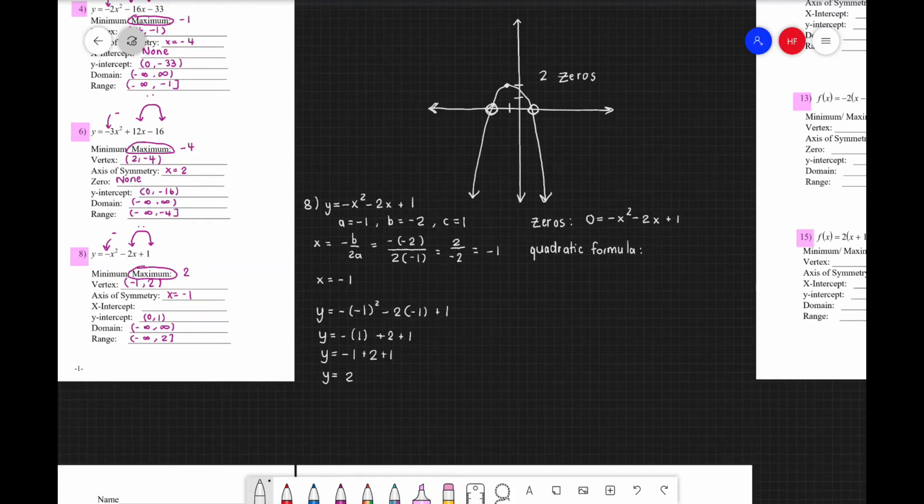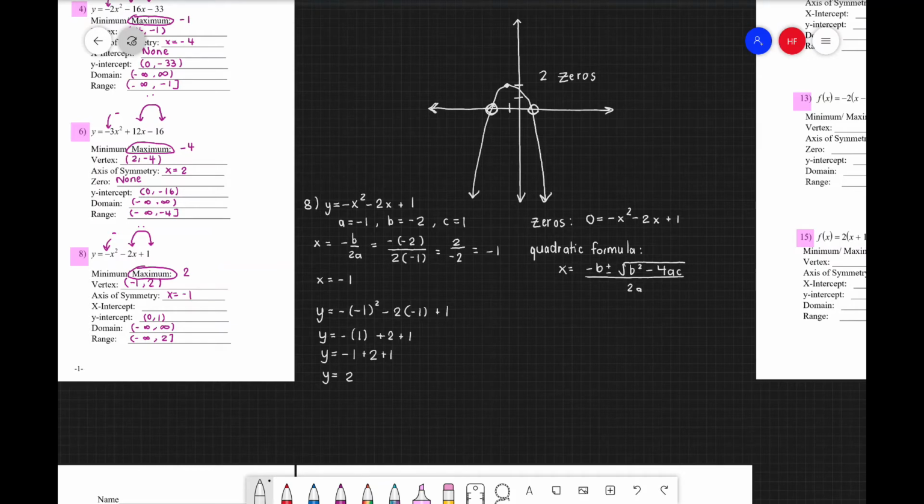So the quadratic formula: x equals negative b plus or minus the square root of b squared minus 4ac, and that's all over 2a. If you've heard me sing the song for the quadratic formula, then you are very lucky because it'll never happen again.